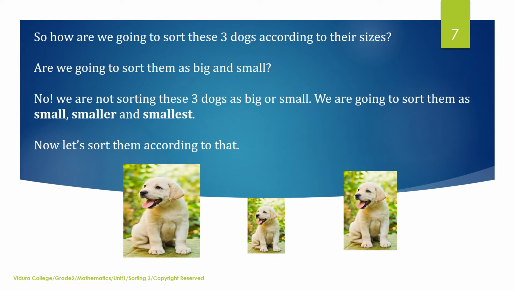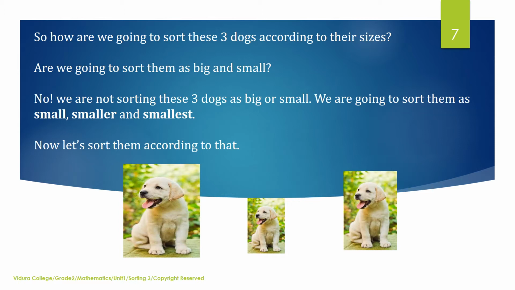Are we going to sort them as big and small? No. We are not sorting these 3 dogs as big or small. We are going to sort them as small, smaller and smallest.